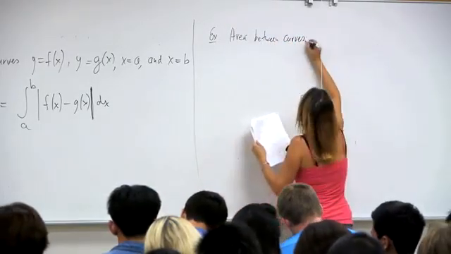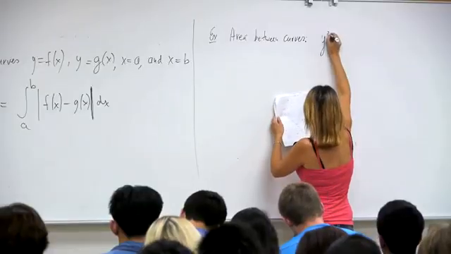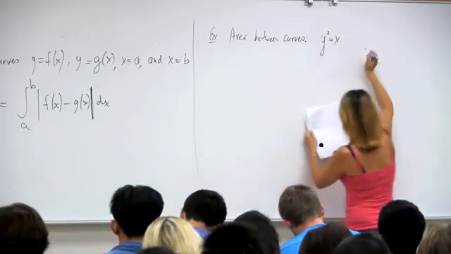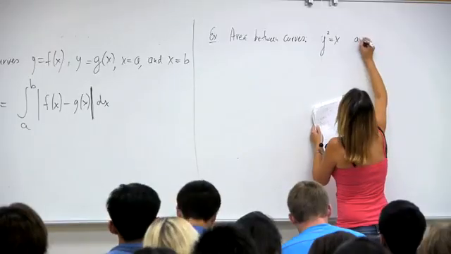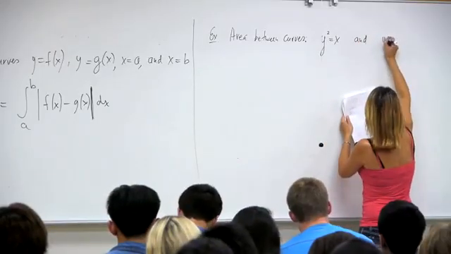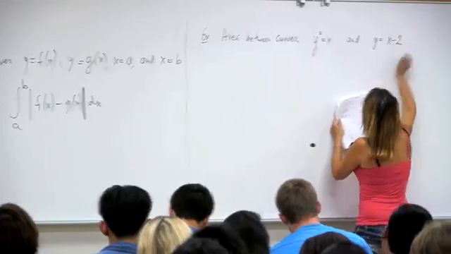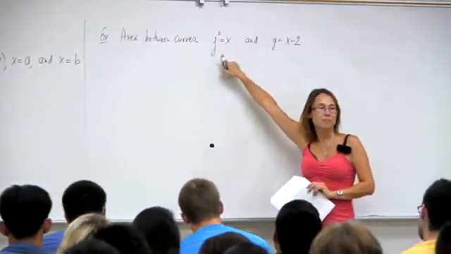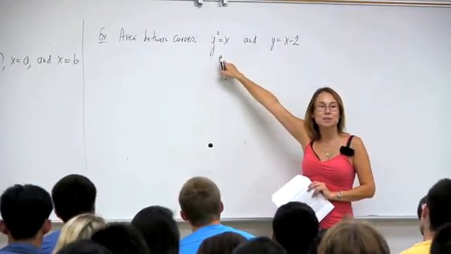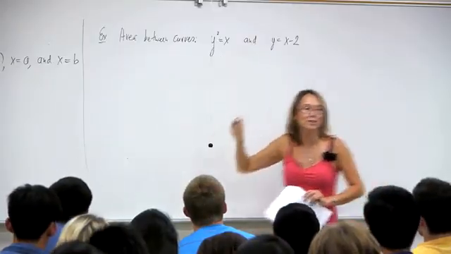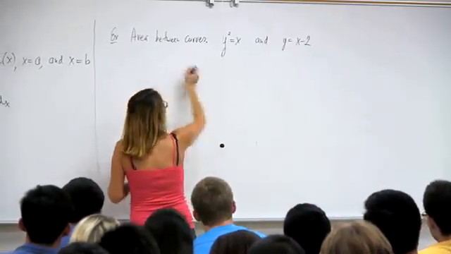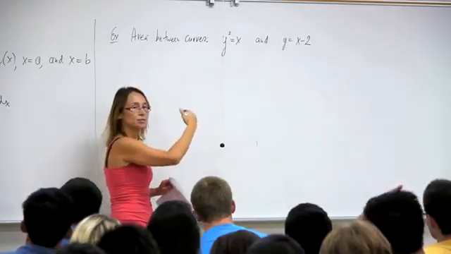So the first curve is y squared equals x. And y equals x minus 2. So look at this. Okay? This is not a function. Because if you solve for y, you get two answers, right? So y is equal to square root of x, and y is negative square root of x.